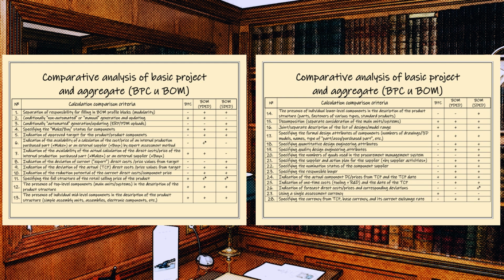Criterion 7. Indication of the availability of the actual calculation of the direct cost price of the internal production purchase part, option make, or an internal supplier, option buy. Regarding the presence or absence of the actual calculation and the frequently used concept of reliability level, I have repeatedly expressed my opinion, so I will not comment in detail, noting only that for me personally, only the production shop calculation used in productions is reliable.